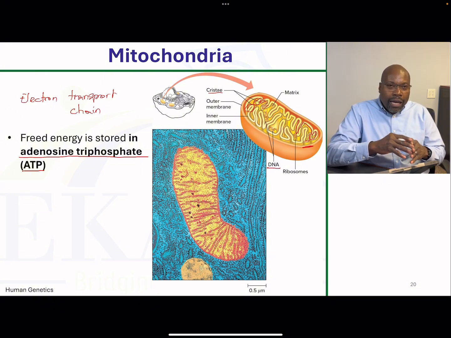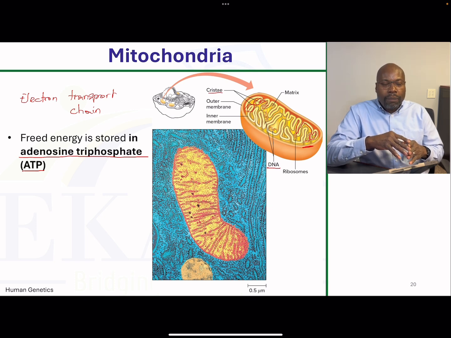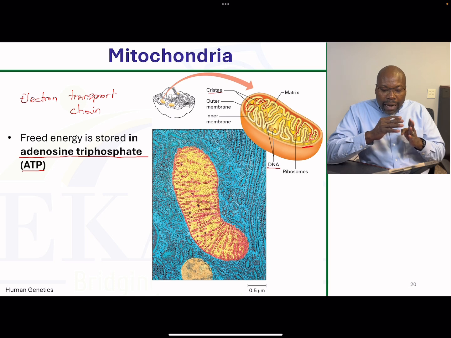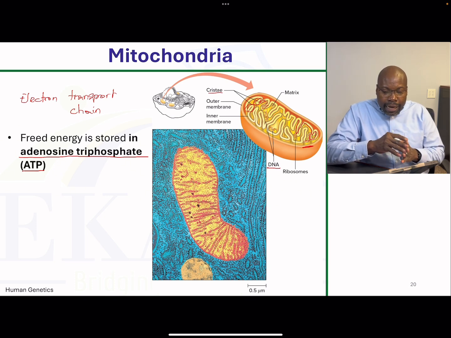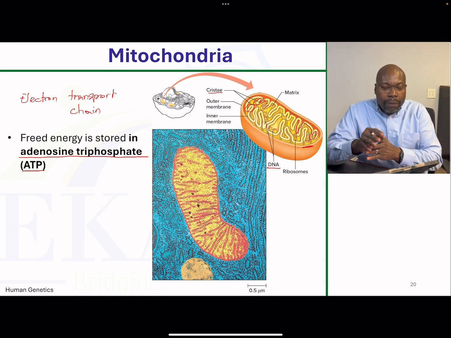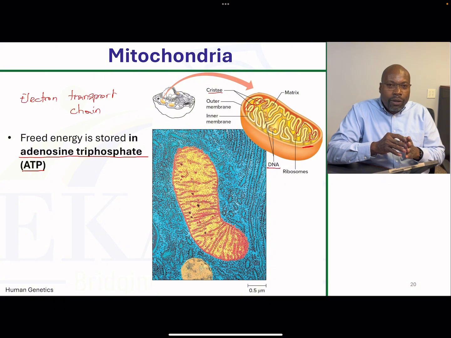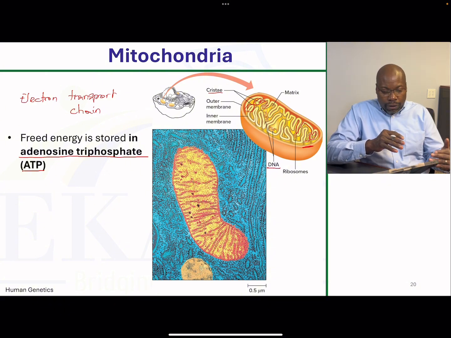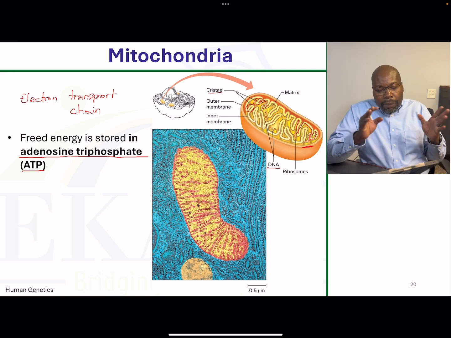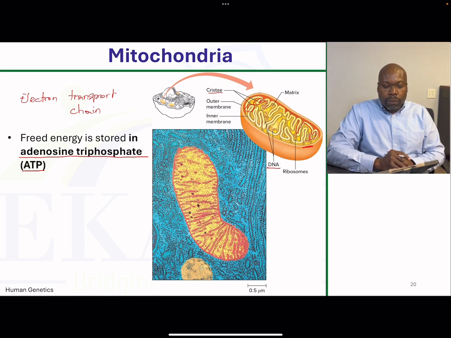All your mitochondria, you inherit them from your mom. Your dad does not contribute when it comes to mitochondria, so by tracking the DNA that is in your mitochondria, you can tell who is the mother of an individual, right?